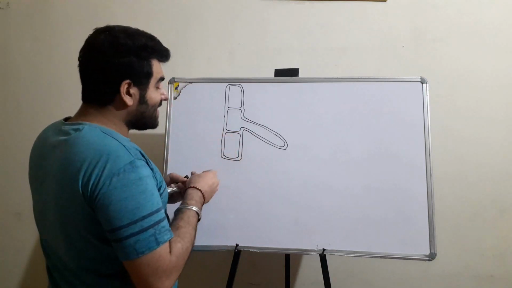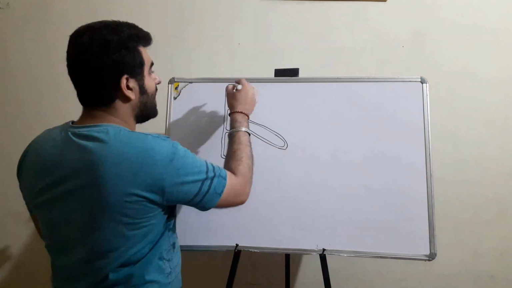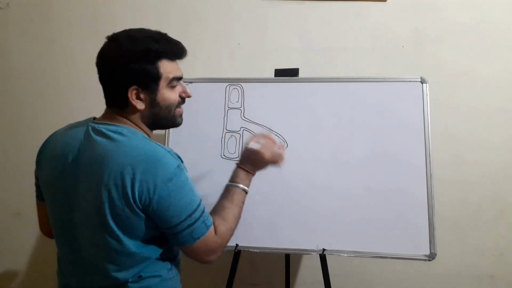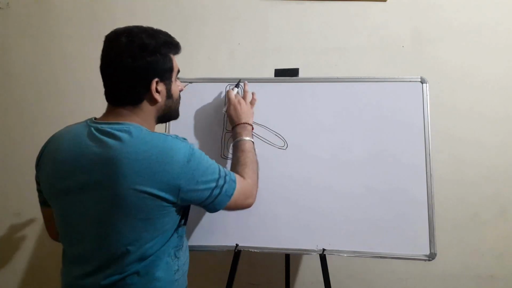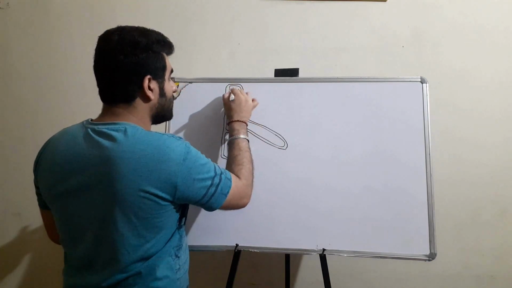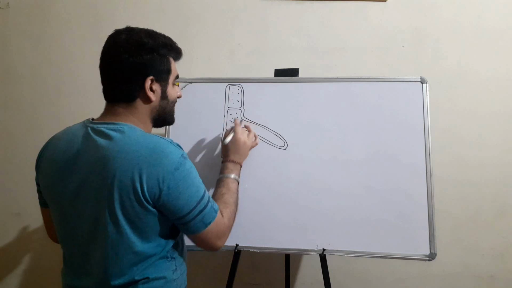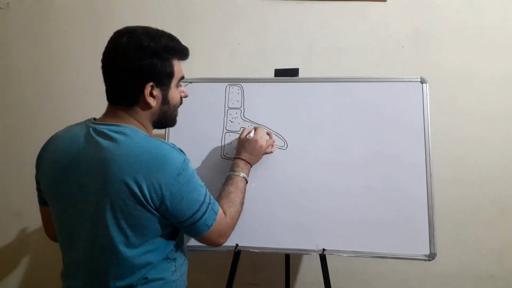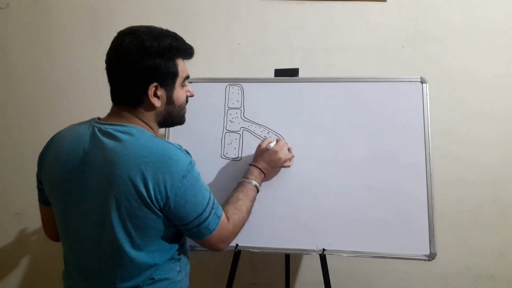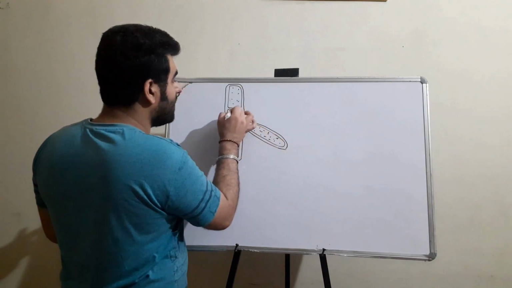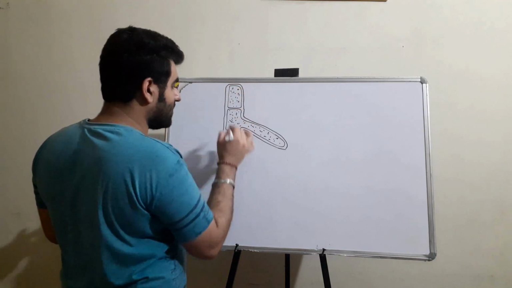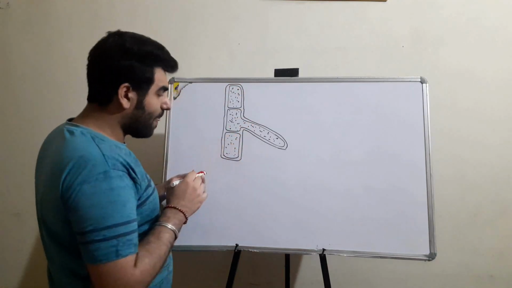Now, this is the cell and here is a vacuole, over here is also a vacuole, and here too. I am making it a dotted portion. This is the entire cell sap. We are not drawing the cell organelles, we are just concentrating on the cell sap.